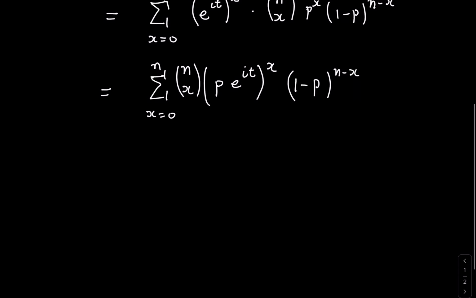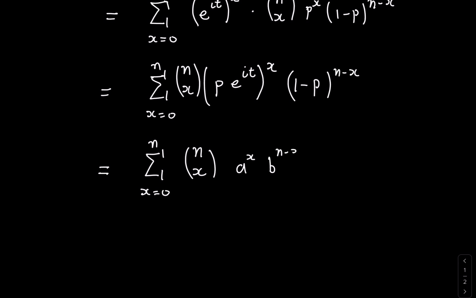And what we recognize this as is the expression, the sum from x equals 0 to n of n choose x, a to the x, b to the n minus x, where a equals p e to the i t and b equals 1 minus p.